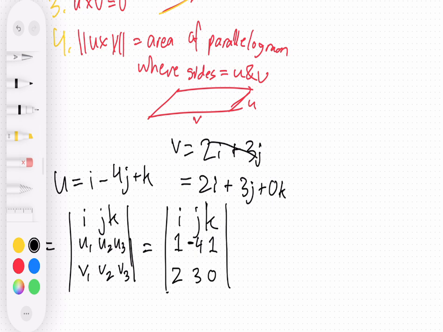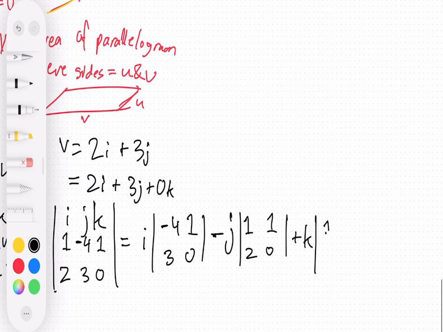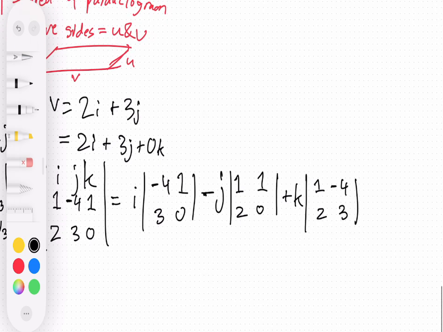And that'll give us these 2D matrices. It'll give us i times negative 4, 0, 1, 3, minus, remember, don't forget that, j times 1, 1, 2, 0, plus k times 1, negative 4, 2, 3. So let's real quickly evaluate this.